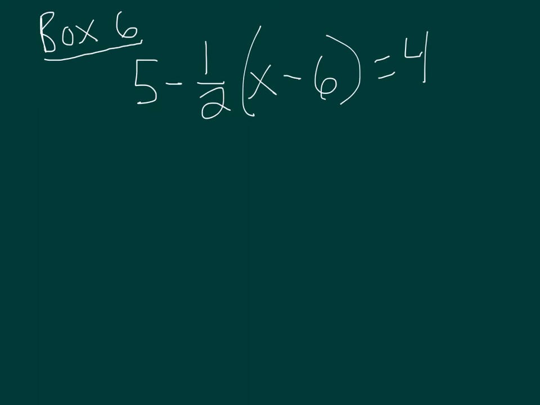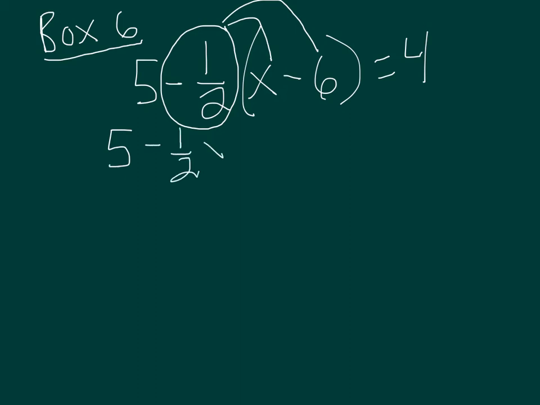Now you need to be very careful here because you're distributing a negative 1/2. Now if you want to add a line, change a sign, or keep it, add it, change it, it's called the additive inverse, you can, but I'm not going to do that. Just remember to do minus times both of those. So it's going to be 5, negative 1/2 times x is negative 1/2 x, and negative 1/2 times negative 6 is positive 3.